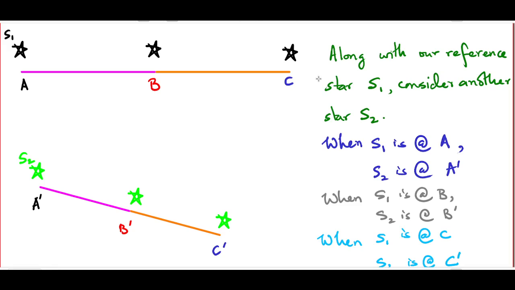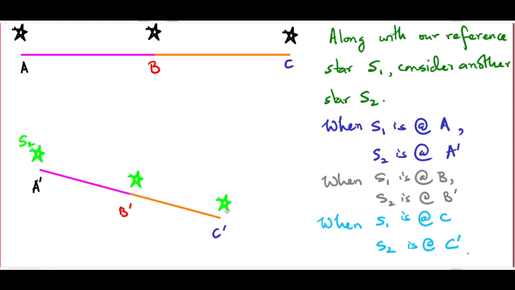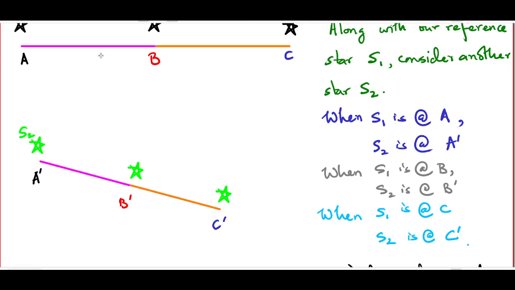But now what observation will tell us is that the gap between A prime and B prime will be exactly the same as the gap between B prime and C prime. In other words, S1 is traveling with equal velocity in the first interval as in the second interval. This is a rather trivial thing to say because this is exactly dependent on how you defined time.